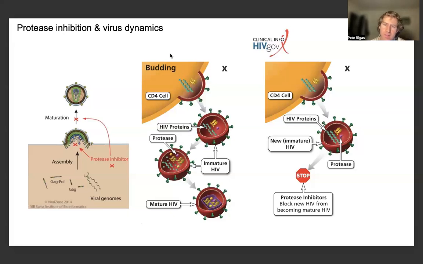And this is showing, from the middle image of the slide for HIV, that in this CD4 cell there are HIV proteins and there's protease as well, but this is immature HIV, so there can be some conformational stages that these CD4 cells can undergo to transition from being an immature HIV cell to a mature HIV cell.